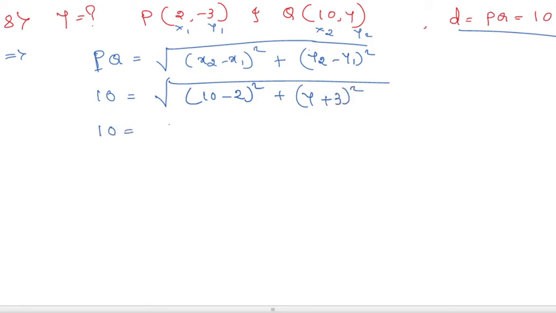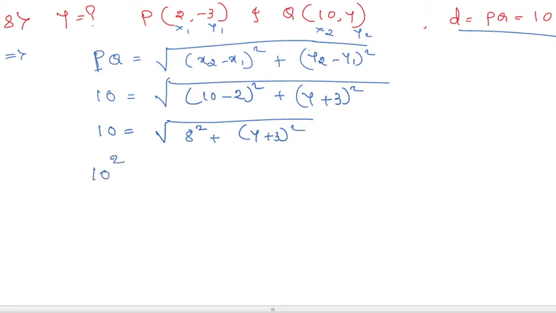Here 10 is equal to the square root of 8 square plus (y plus 3) whole square. This square root goes to the LHS, it becomes square.